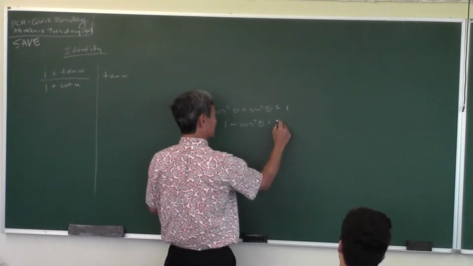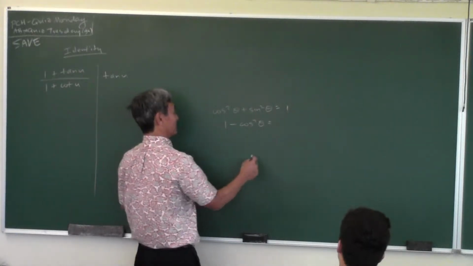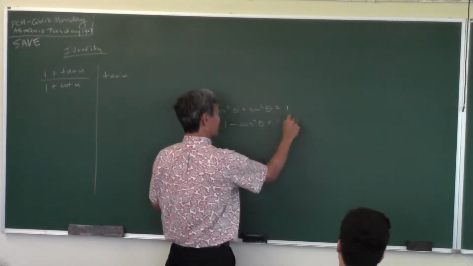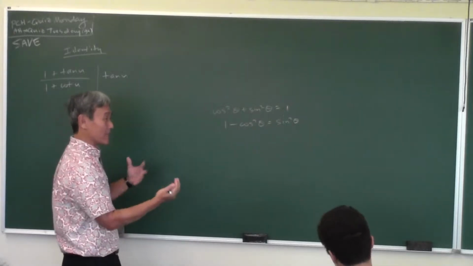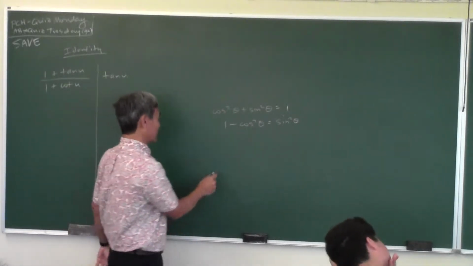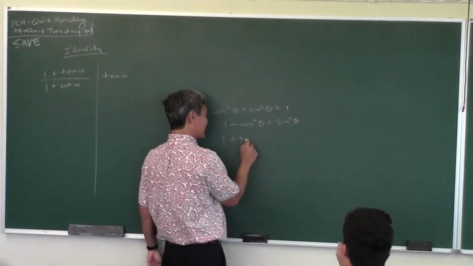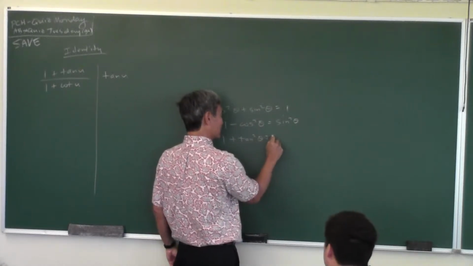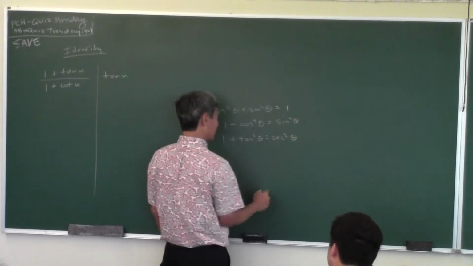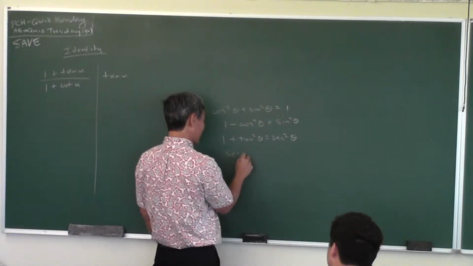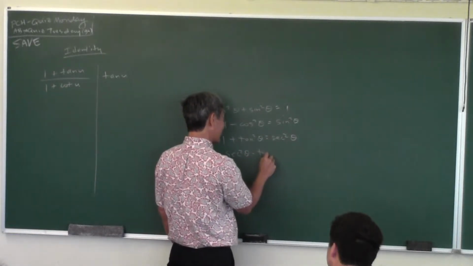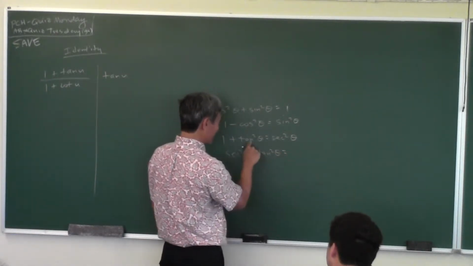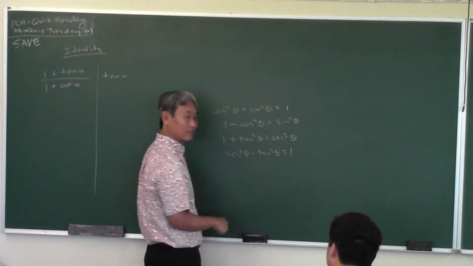Sine squared theta. You have to be able to use those identities in any form. Like here's an identity. 1 plus tangent squared is equal to secant squared, correct? So therefore, what is secant squared minus tangent squared? 1. If I move this on that side, you can get 1.